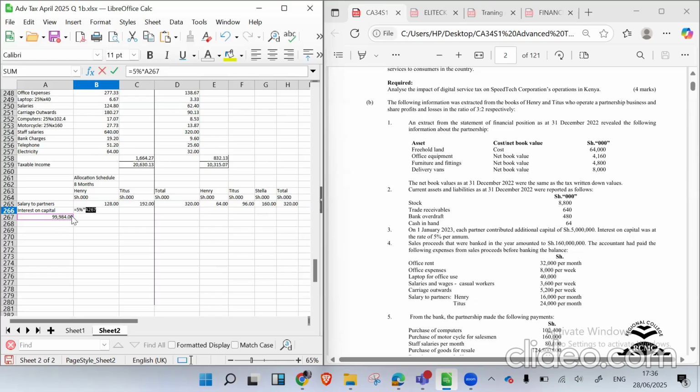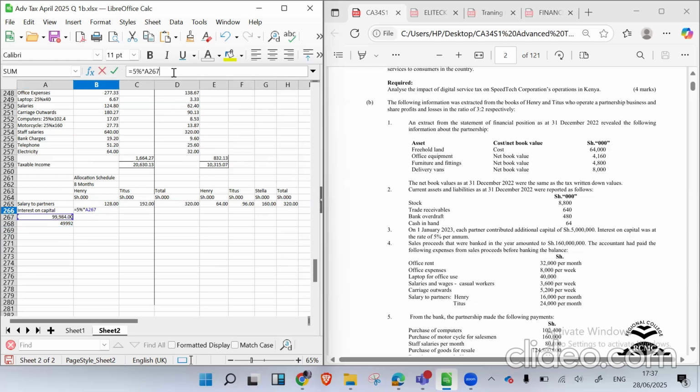So let me do this: for each partner, I take this, divide by 2. So this is Henry's and this is Titus's.